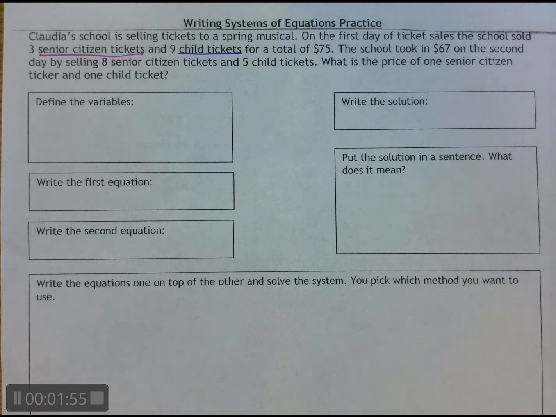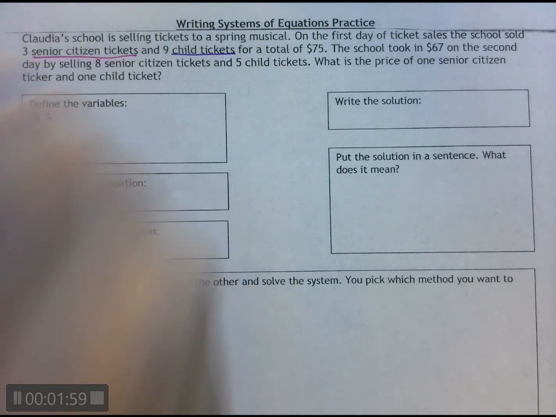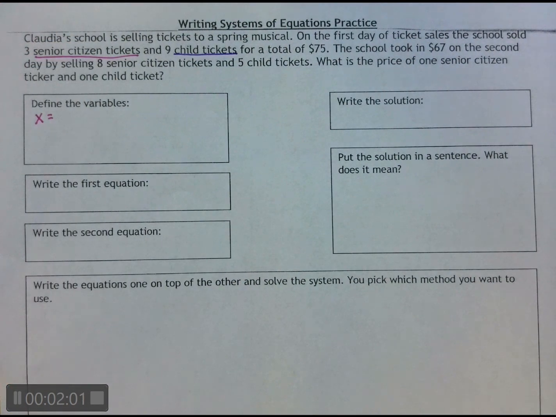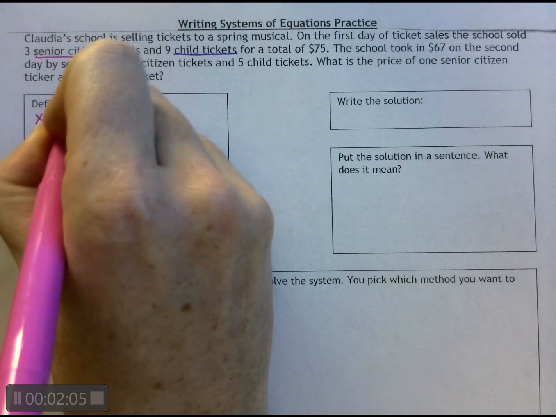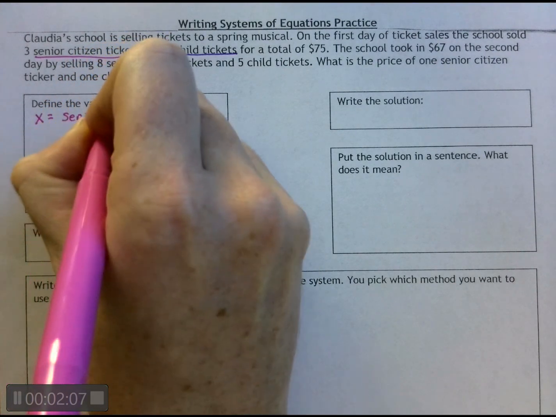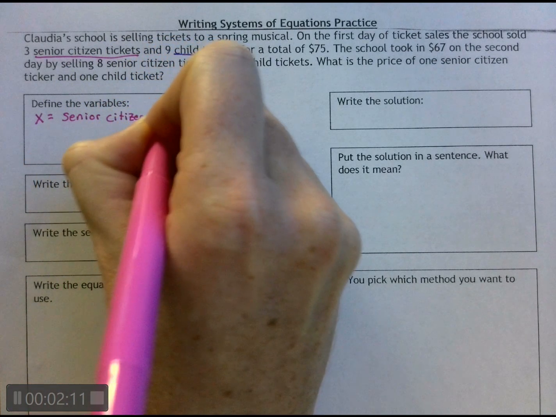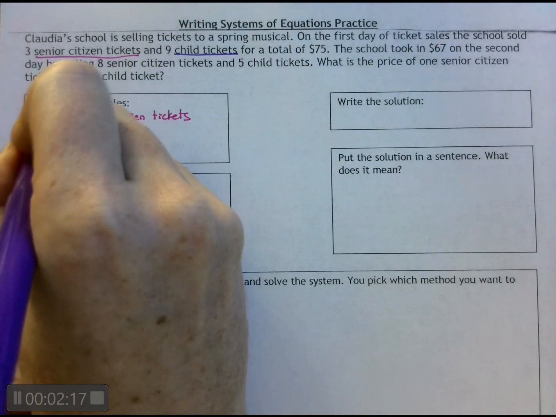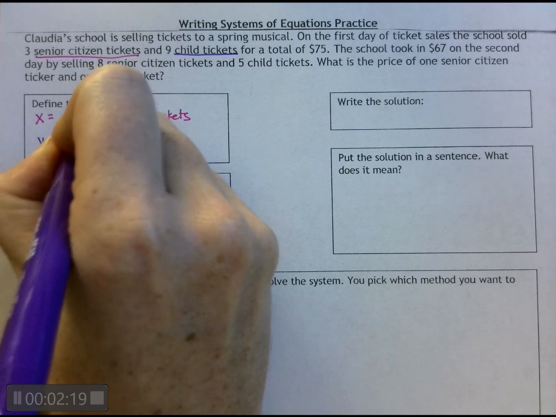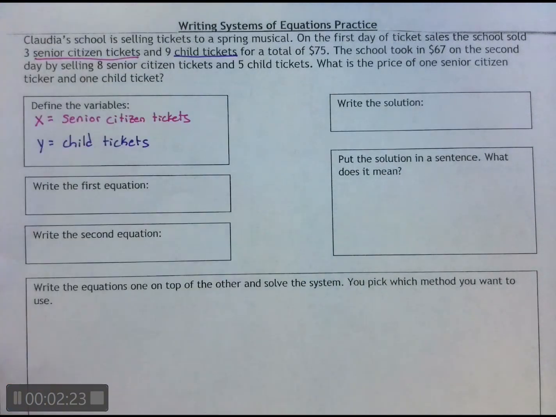So I'm going to say that X, because we have to define variables, so we like X and Y. So X is going to be senior citizen tickets, and Y is going to be child tickets. Okay?